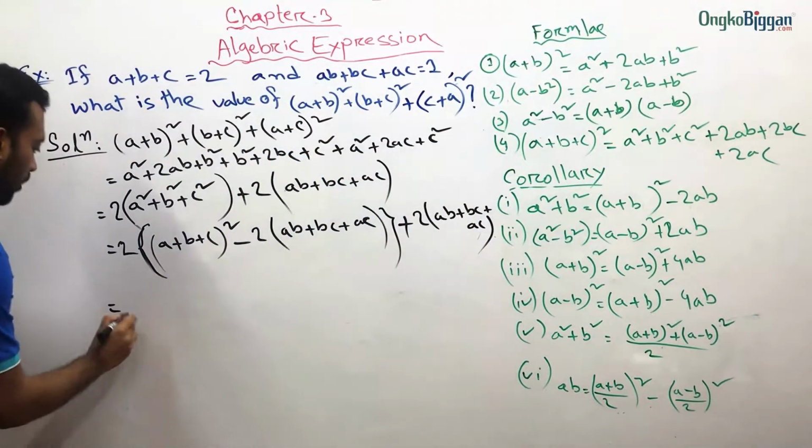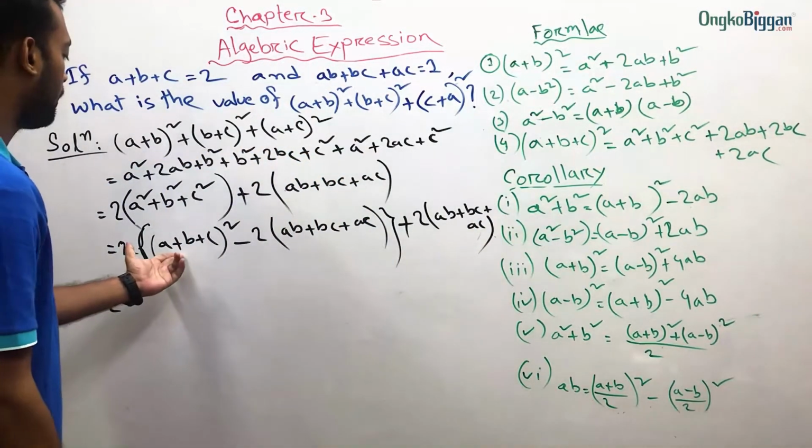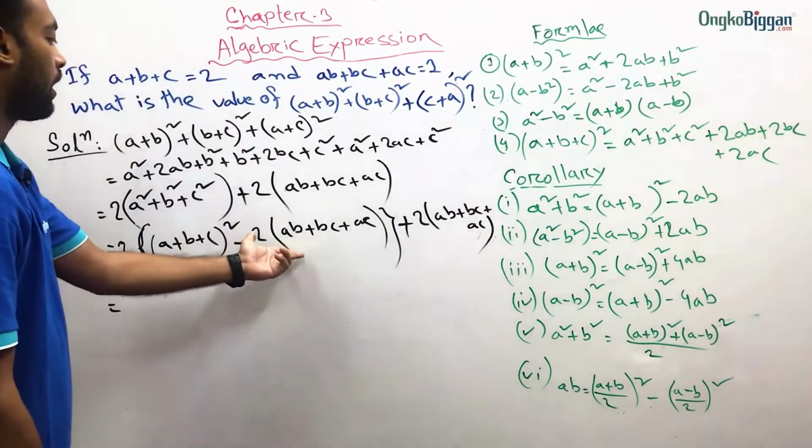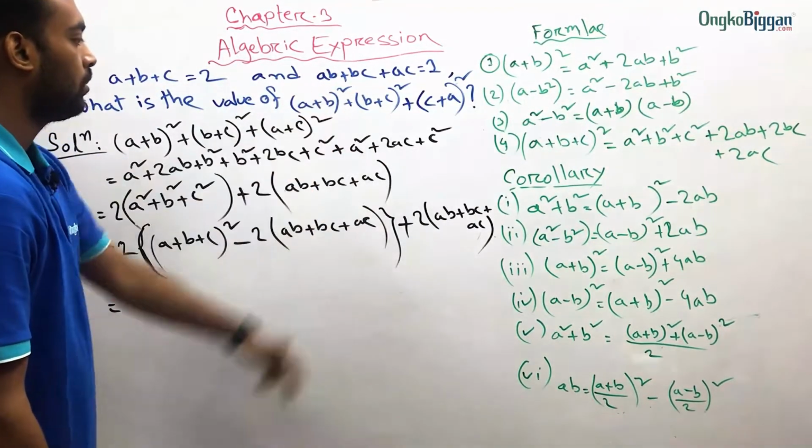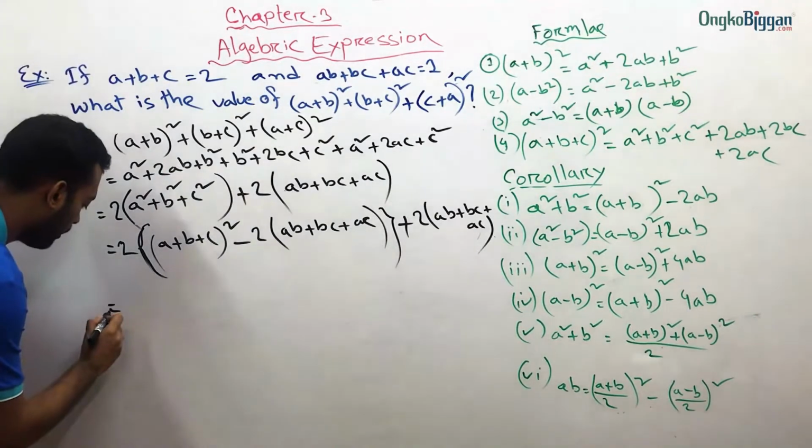Now we know the value of a plus b plus c, and we know the value of ab plus bc plus ac, so we can easily figure out the answer.